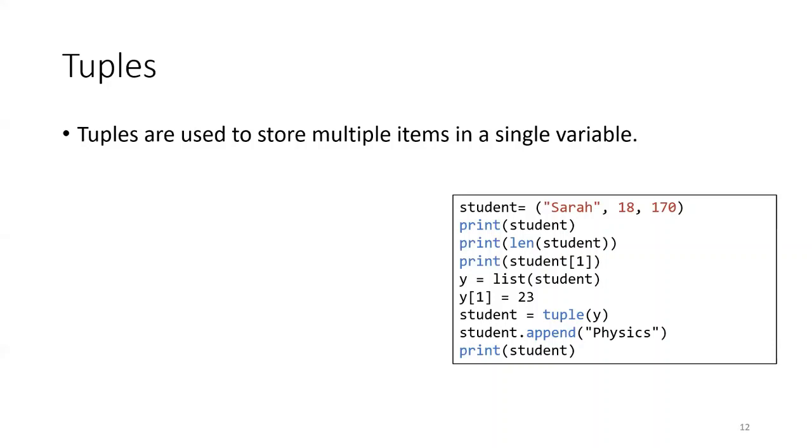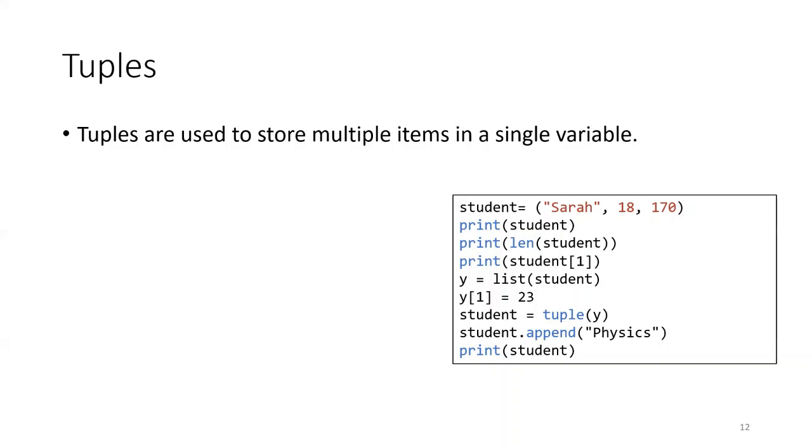Tuples store multiple items in a single variable, and they are defined using parentheses as opposed to lists, which were defined using brackets. So these are the syntactical differences that we need to pay attention to.